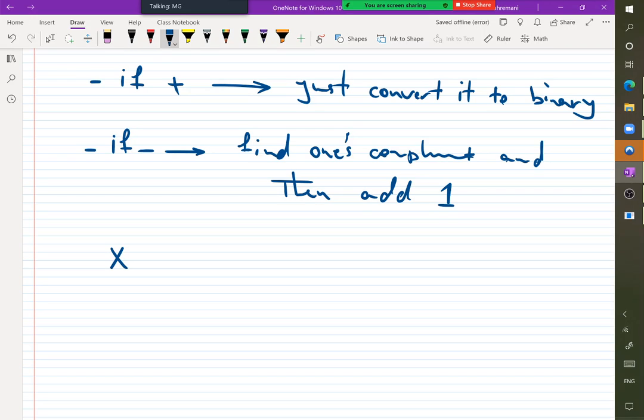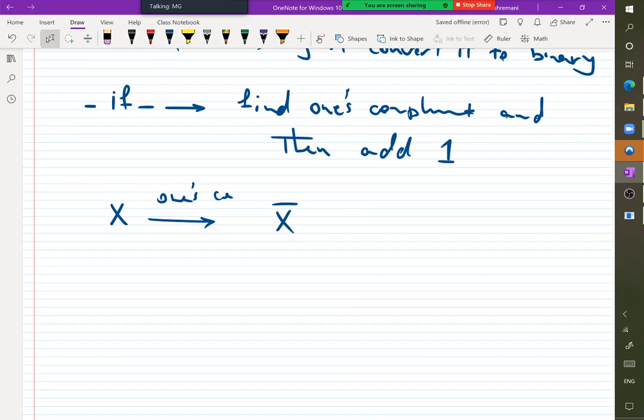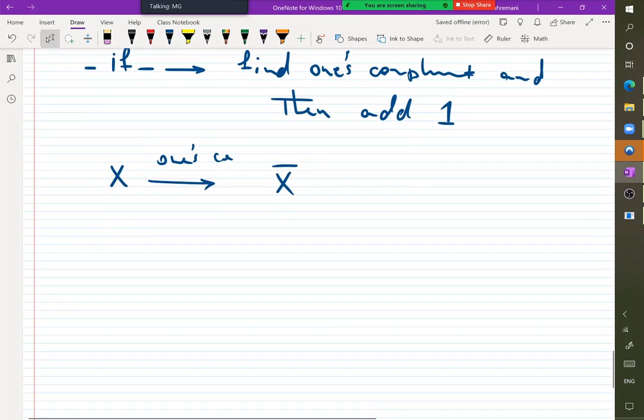So if x was the number, one's complement was x bar. Bar means the complement. Okay, I don't know if I mentioned it before or not. If not, let me tell you. If we have 1 0, 1 0 bar is equal to 0 1. Okay, the bar means complement.